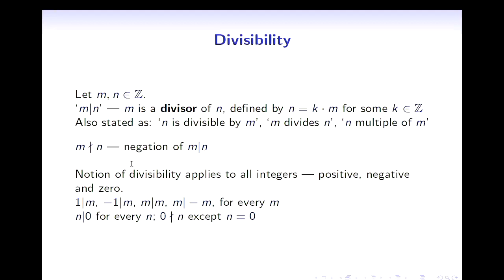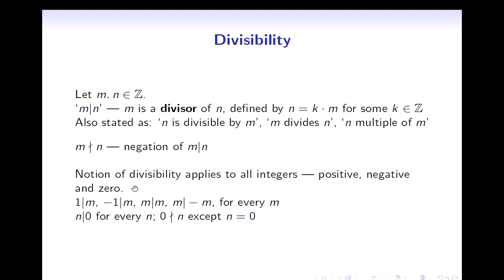What might not be familiar to everyone is that the notion of divisibility applies to all integers, not only positive, but also negative integers. We also have that minus 5 is a divisor of 15, because you can find another integer, minus 3, so that minus 5 times minus 3 equals 15.